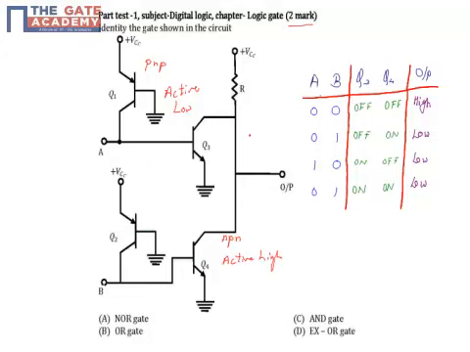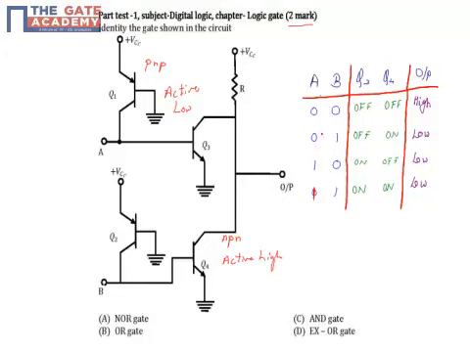Let us consider the truth table. For inputs A and B, the cases would be 00, 01, 10 and 11. If both A and B are 0, then since Q3 is an active high transistor, Q3 will be off, and similarly B is 0, so Q4 will be off.